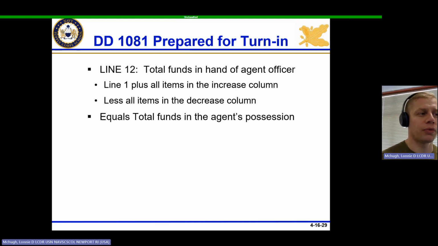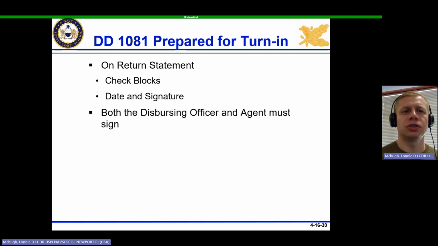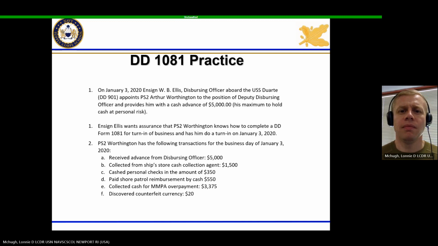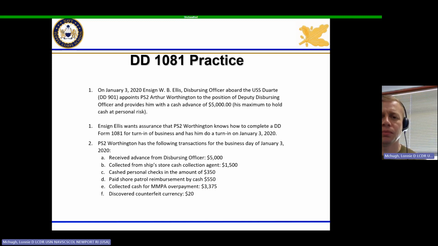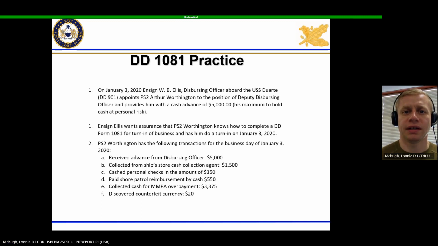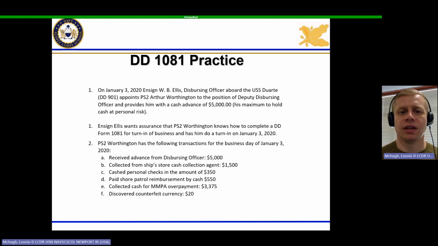So to help us walk through this, we're going to go to an example. In this example, we received advance funds from the disbursing officer. So we know that on our 1081, our one Charlie is going to have $5,000. That was $5,000 from previous day.